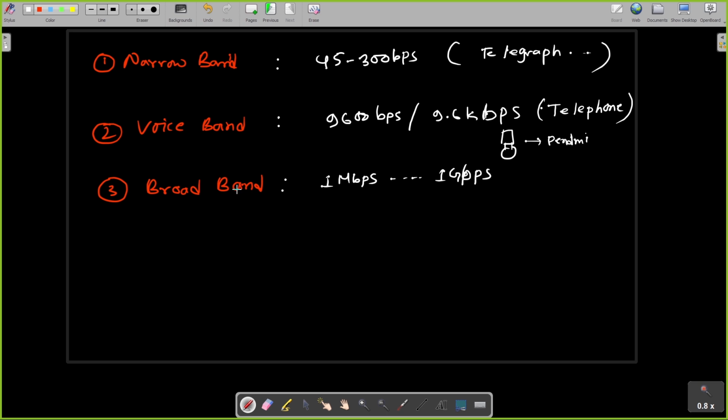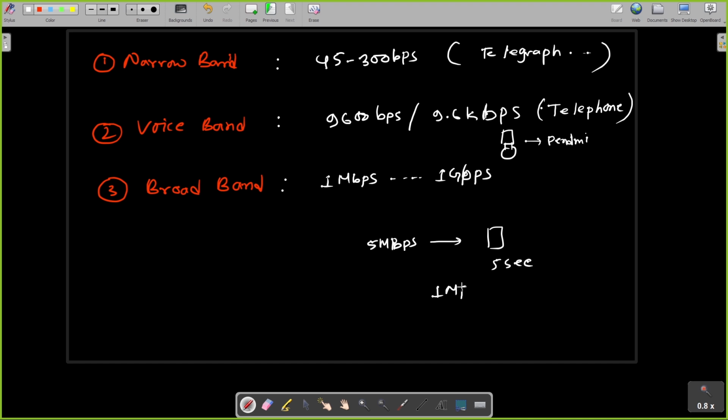Like when you are using ShareIt, if you are going to send an image which is 5 MB to your friend's mobile, and you need only about 5 seconds, that means you have 1 Mbps.